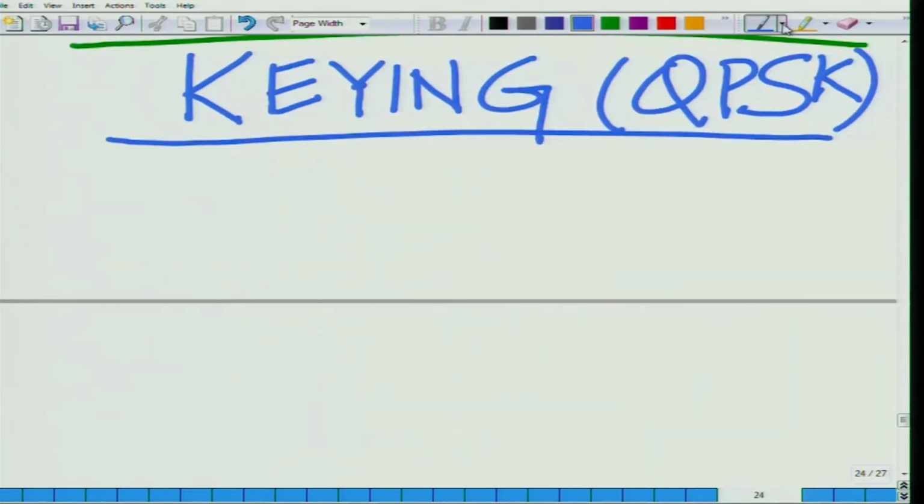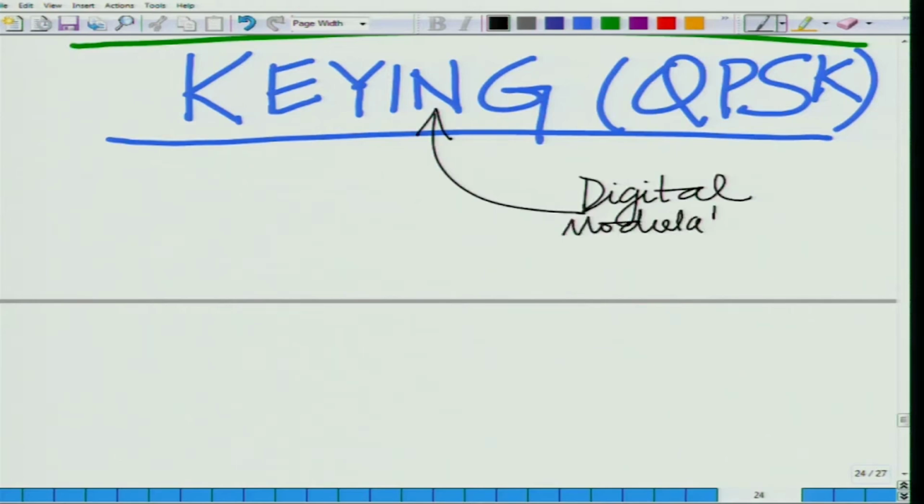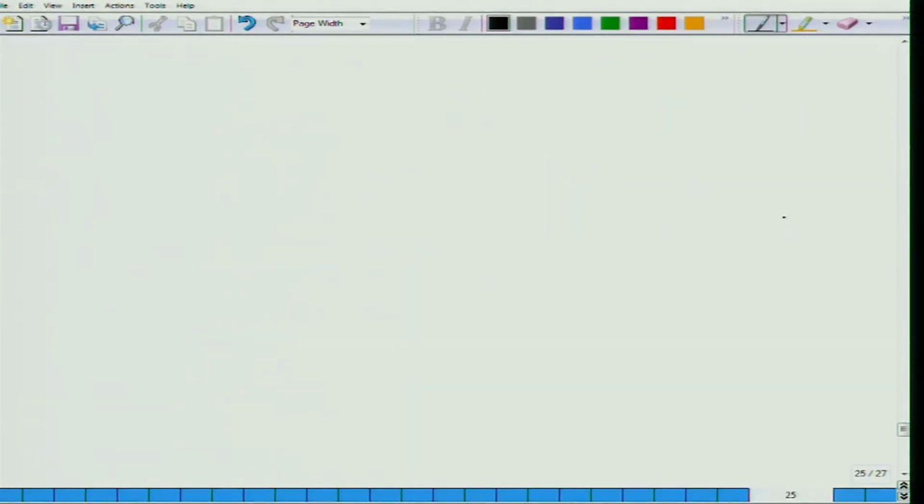As we have said several times before, this is another digital modulation scheme. Consider the following basis functions.